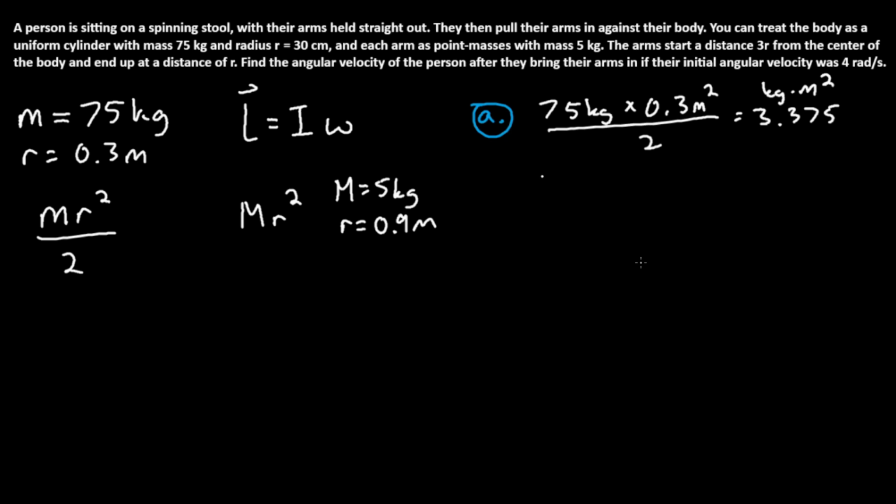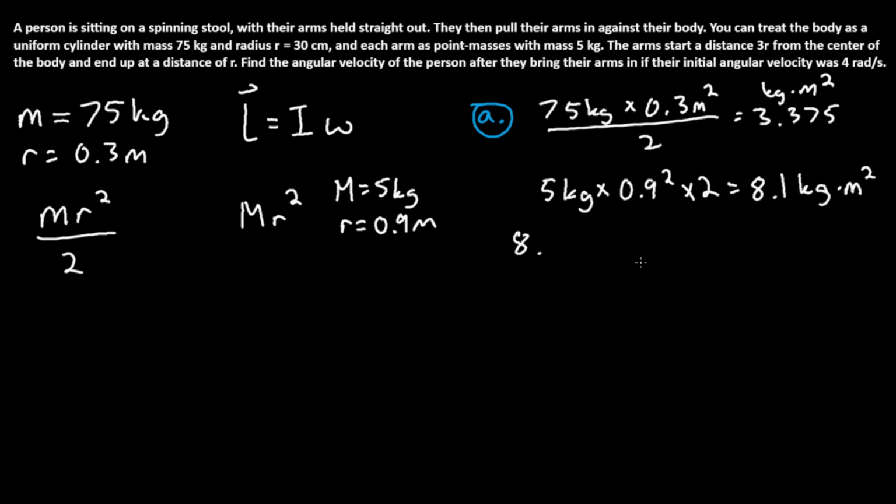So if you calculate the moment of inertia of the arms, it's simply 5 kilos times 0.9 squared and times 2, because this person has 2 arms, hopefully. So if we multiply this by 2, then you should get a moment of inertia of the arms as 8.1 kilogram meters squared.